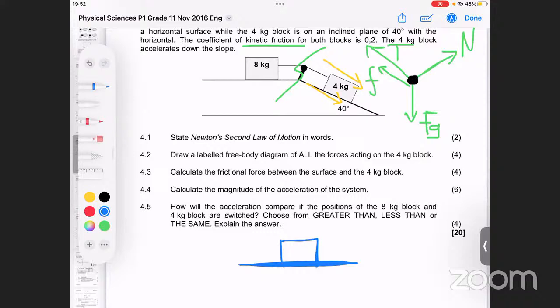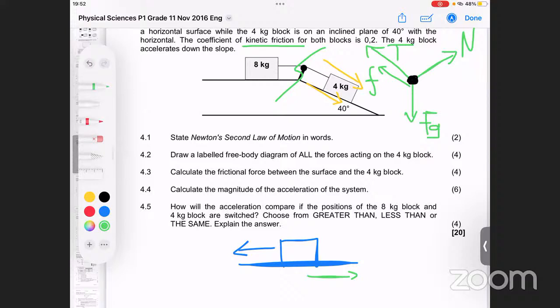If this object is moving in that direction, the frictional force, if it exists, will be in the opposite direction of the movement, not in the opposite of the applied force, not in the opposite of FG, not in the opposite of tension. We don't compare force by force. We're just saying frictional force will always oppose the movement.